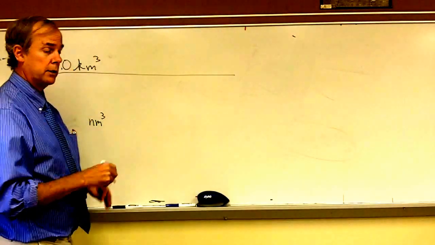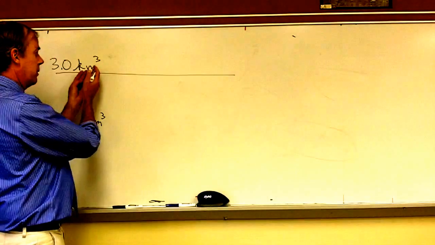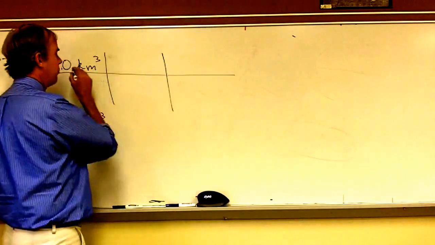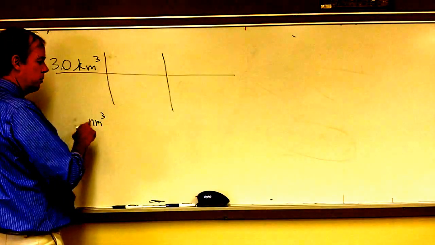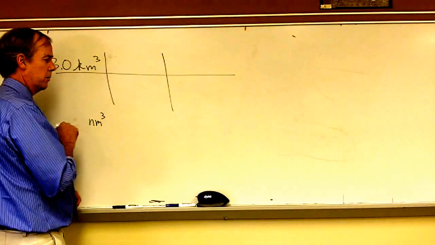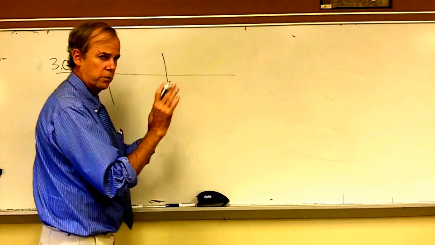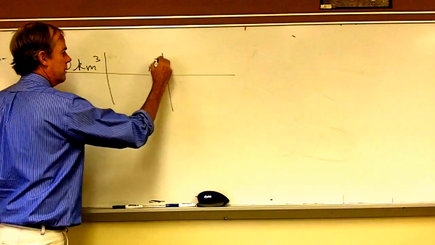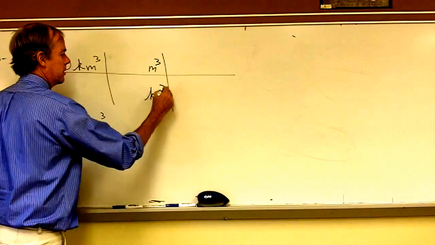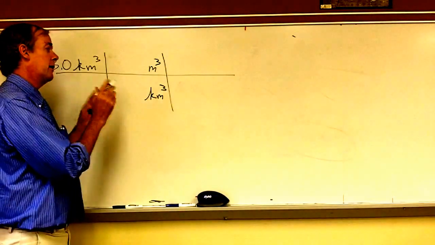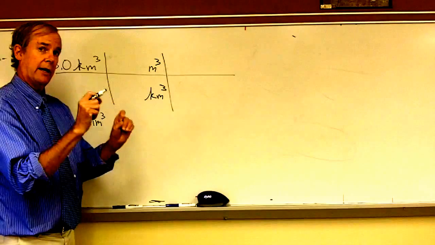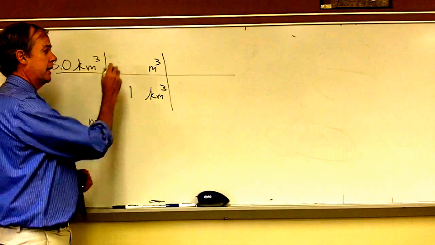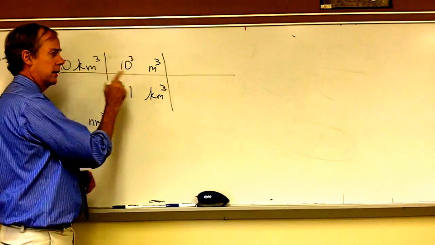I think in one dimension about relationships, but now if I'm cubing the units, I cube the dimensions. I'm going from a prefixed unit, kilometers cubed, to another prefixed unit, nanometers cubed, so it makes sense to do it in 2 steps. Go from the prefixed unit to the base unit, which would be meters cubed from kilometers cubed. And then I think about one dimension and cube the values that go with that dimension. So yes, 1 kilo of anything is 10 to the third of something, like meters.